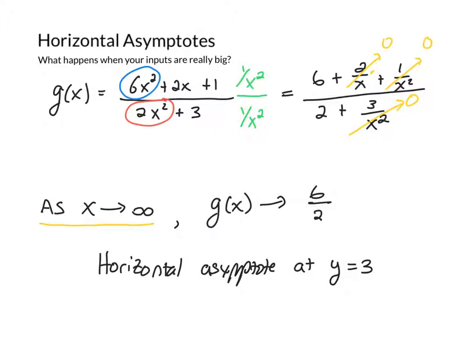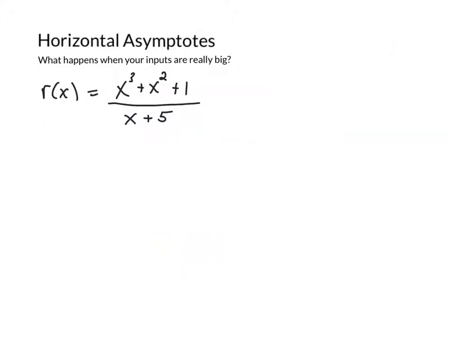So the last situation that we have to consider is what happens when the degree of our numerator is bigger. Okay, so here's our last example. Our rational function is x cubed plus x squared plus 1, all divided by x plus 5.